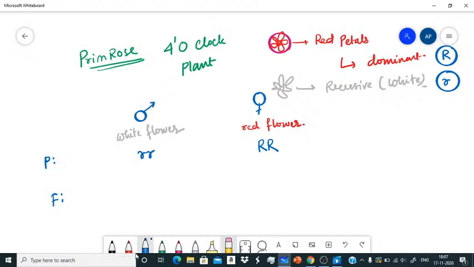Just think about it and tell me what will be the genotype or genetic configuration in F1 generation.